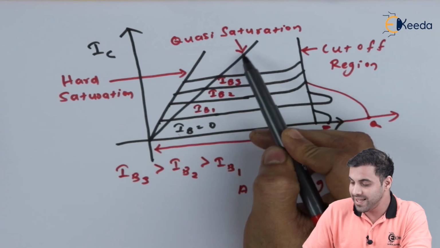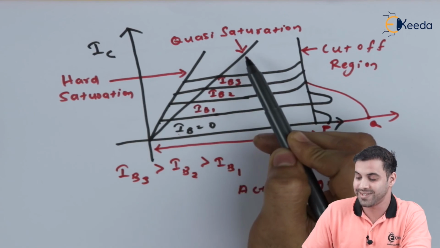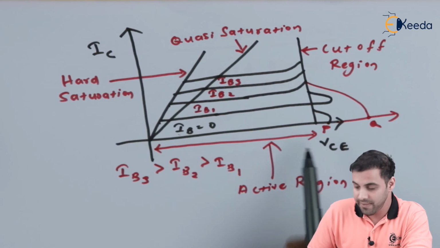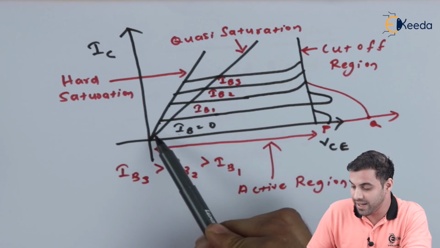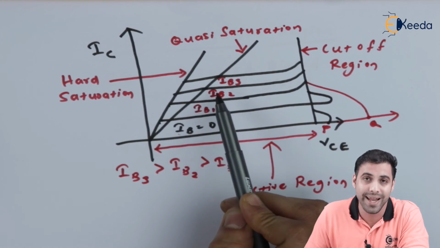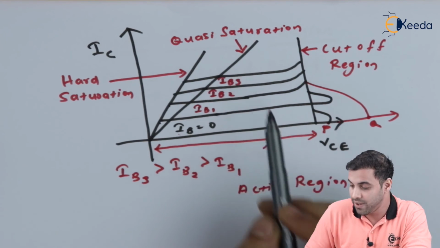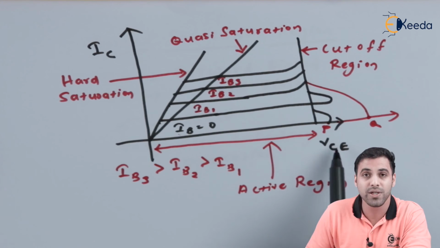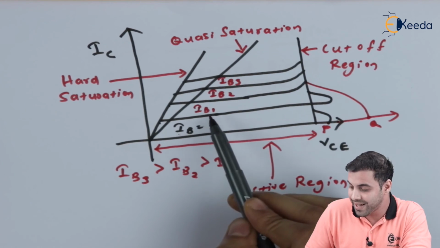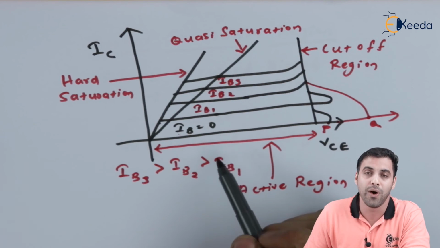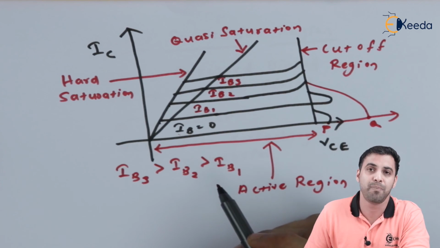If you can see this line, which is called the quasi-saturation region, when you increase VCE, the collector current increases to a considerable level, and because of this increase in collector current with the collector emitter voltage, we can increase the base current and control the flow of electric current through the power BJT.